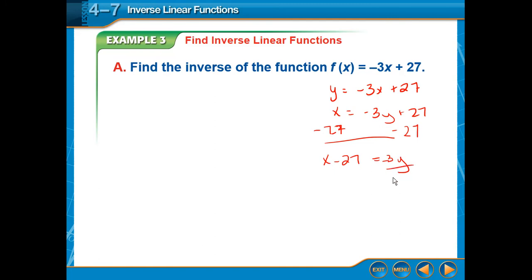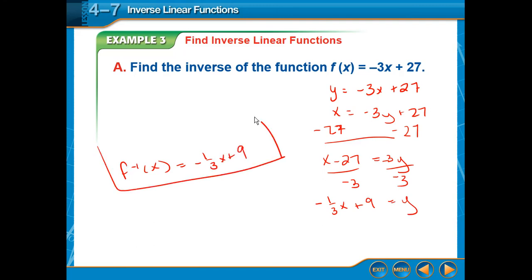Last step, I divide by negative 3. So I'm going to get negative 1/3 x plus 9 equals y. And then last step, instead of y, I'm just going to call it f inverse of x. And then you have your inverse function.